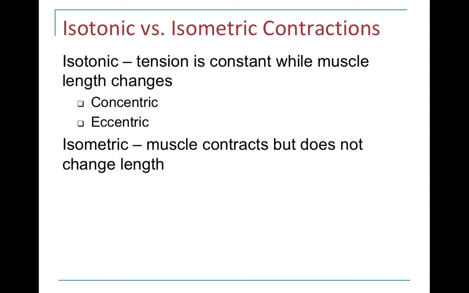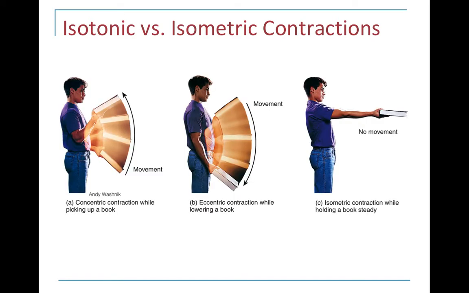So isotonic, where we keep the tension constant but change the length of the muscle, will either be concentric or eccentric. In concentric isotonic contraction, the length of the muscle will shorten and the object will be moved.